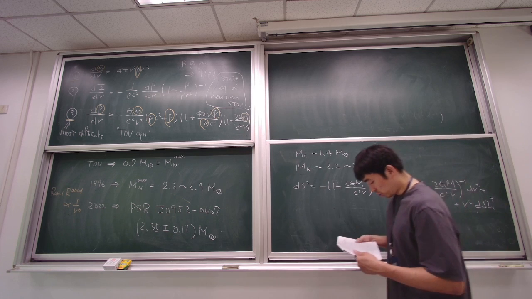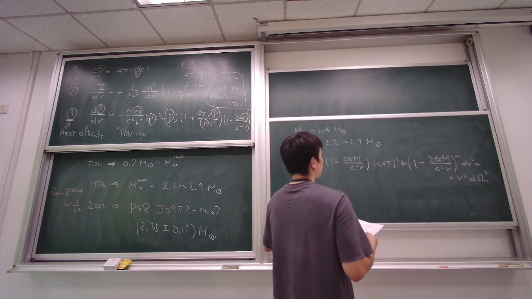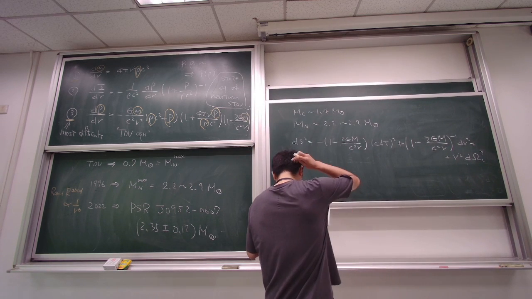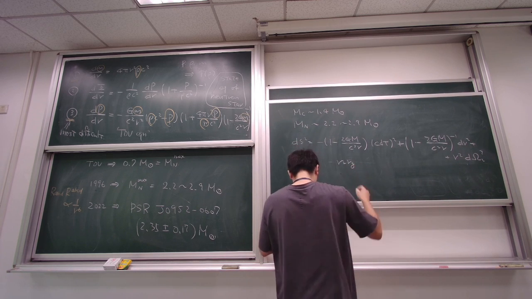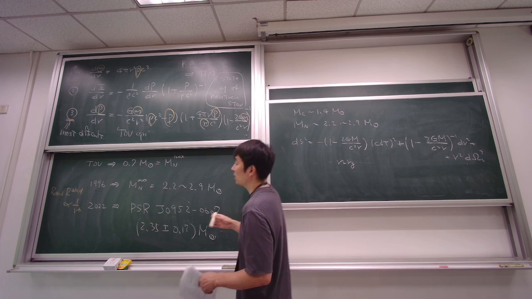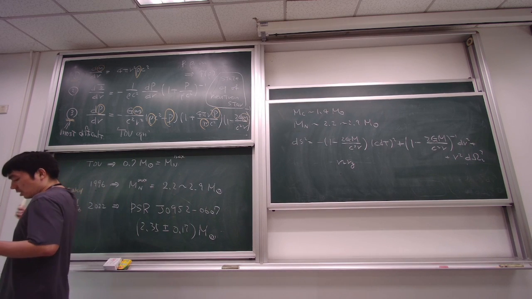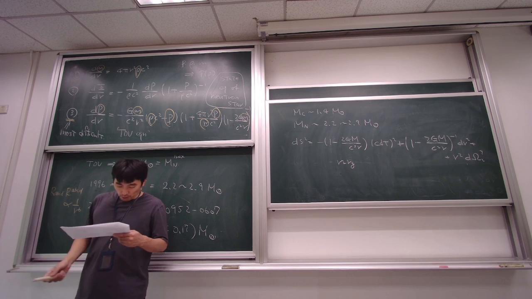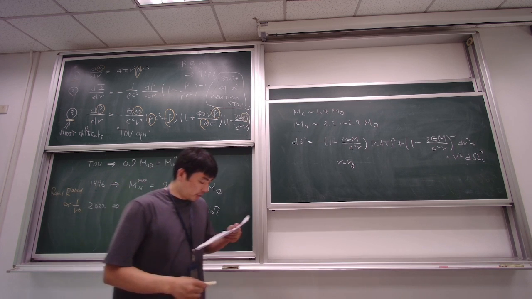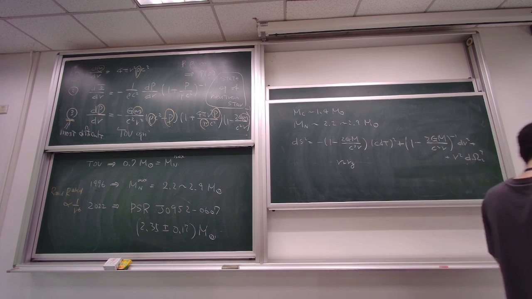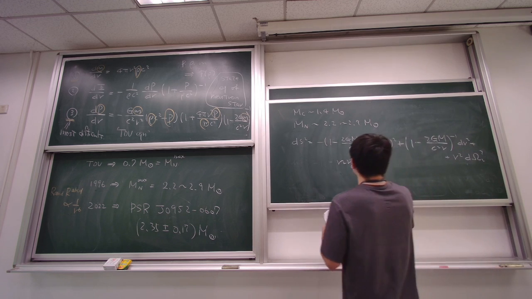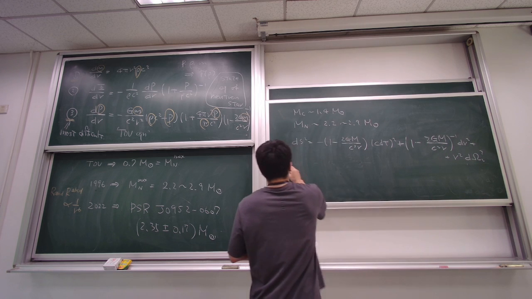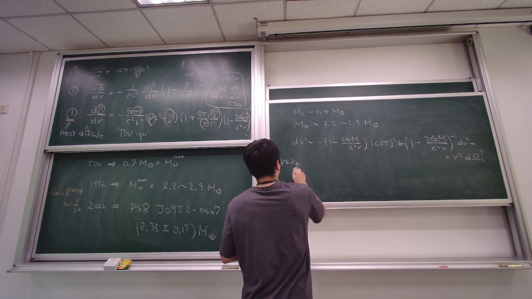So this is the Schwarzschild black hole metric, and there's an apparent singularity at r equal to rg. But if you compute this R cross R, it's proportional to 1 over r to the 6. So the only genuine singularity is r equal to 0. But as you can easily see, the important thing is that r equal to rg is the apparent singularity. So that's just apparent, not genuine.